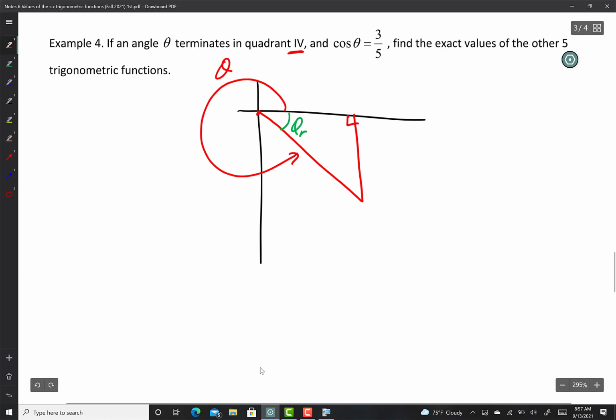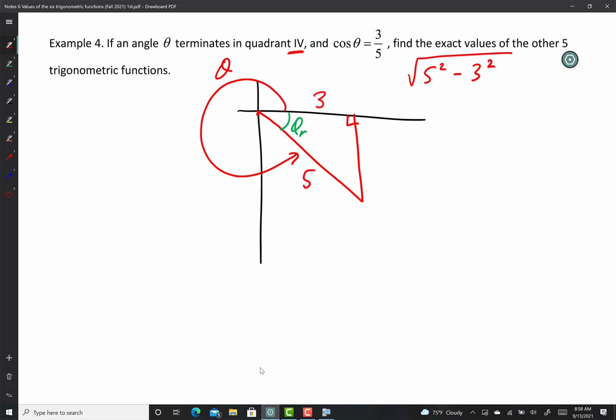Using that reference, I know that cosine is adjacent over hypotenuse, so this must be 3. This is my hypotenuse, that must be 5. I can do Pythagorean theorem to figure out the distance in the y: square root of 5 squared minus 3 squared, because the hypotenuse is always the longest side, so now I'm subtracting.